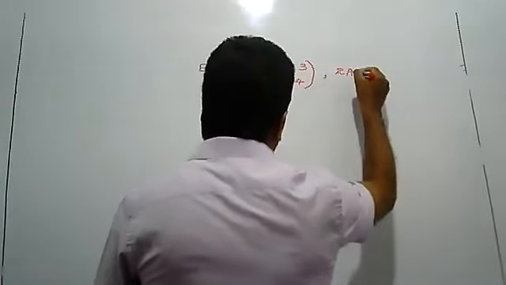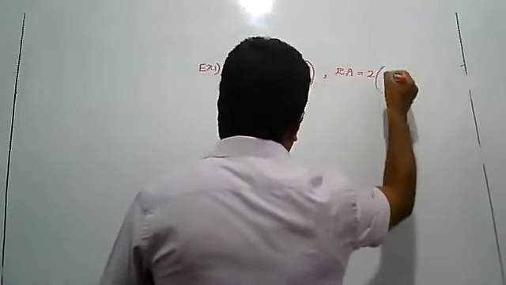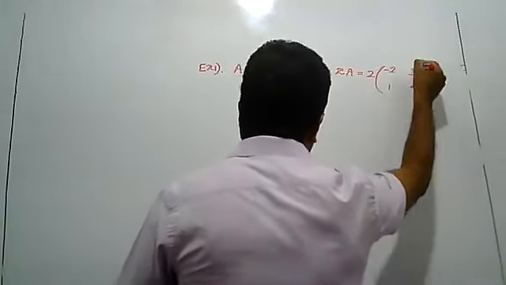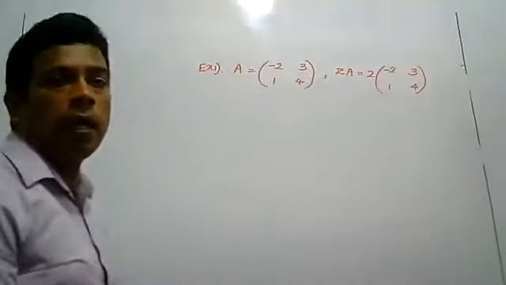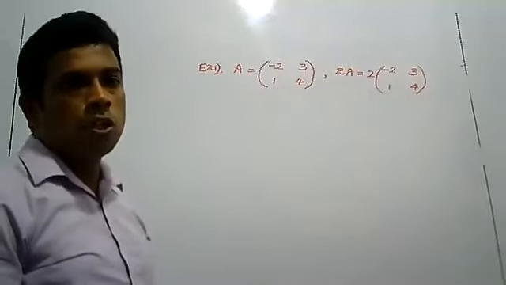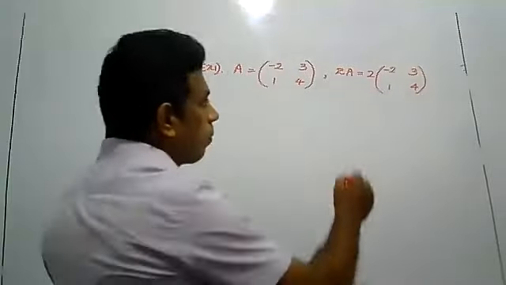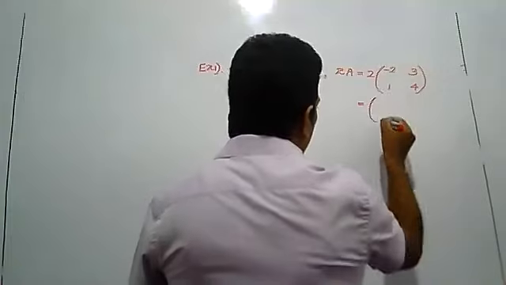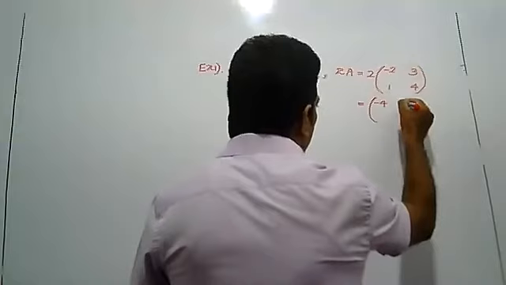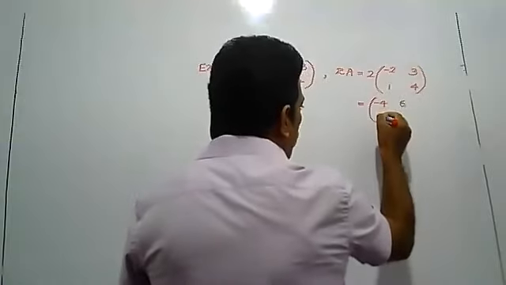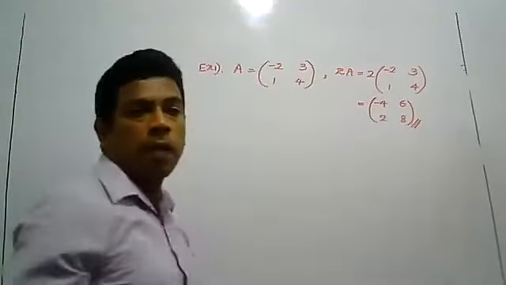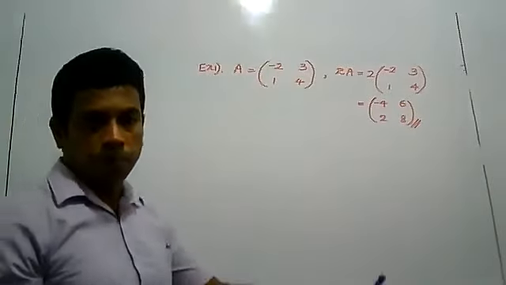That means matrix A should be multiplied by 2. When you multiply by 2: 2 into minus 2, minus 4; 2 into 3, 6; 2 into 1, 2; 2 into 4, 8. All the elements of that matrix should be multiplied by 2.